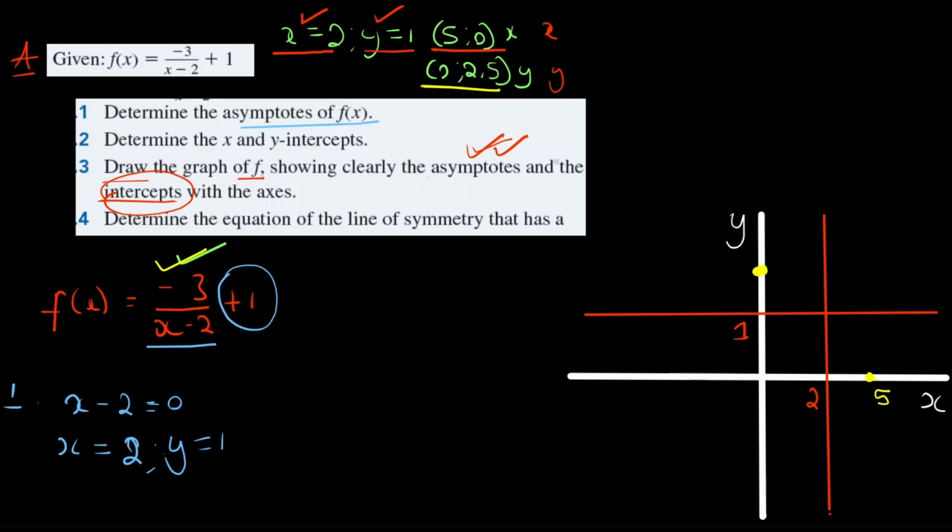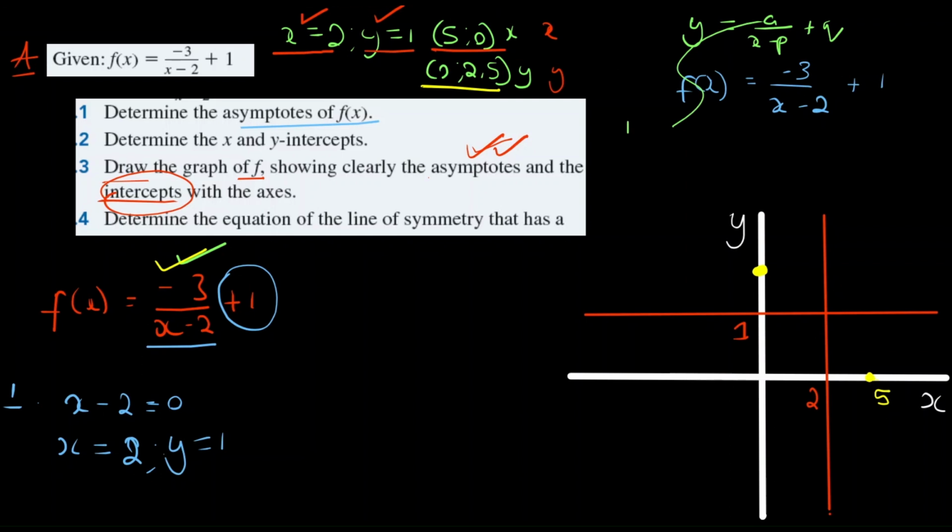And we're given that the equation of f of x is given by -3 over x minus 2 plus 1. And remember, the standard form of the hyperbola is given by y equals a over x minus p plus q, and we know that our a tells us the shape.